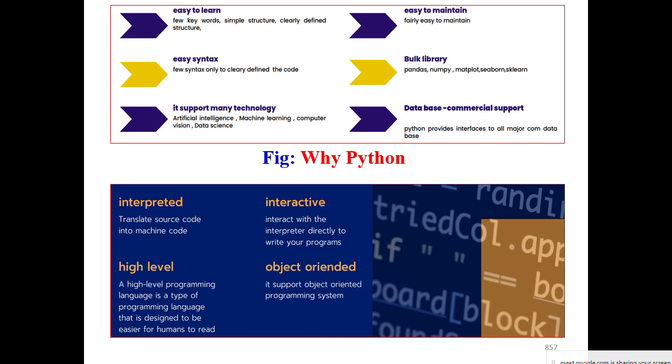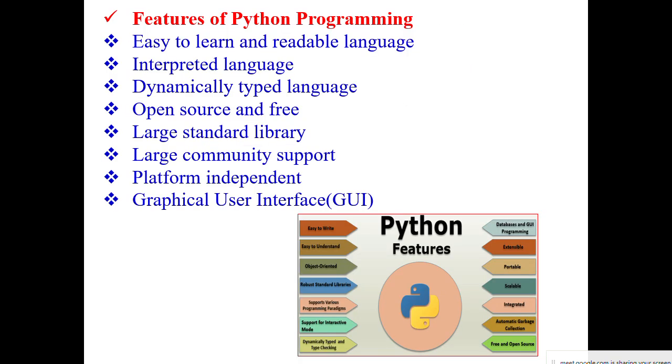It supports object-oriented programming because we are using class and object concepts. So these are the various features: easy to learn, readable language, interpreted language, dynamically typed language, open source and free, large standard library, large community support, platform independent, graphical user interface.